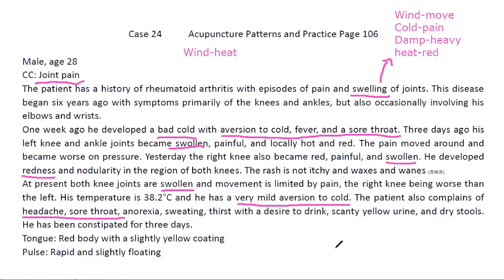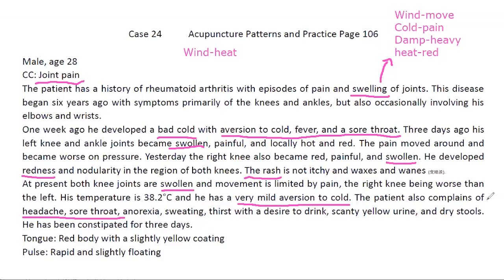Rash and nodules. Skin rash, yeah, that's a good aspect that we discussed. What's the common reason that causes skin rash?